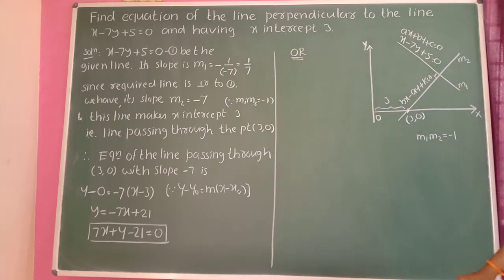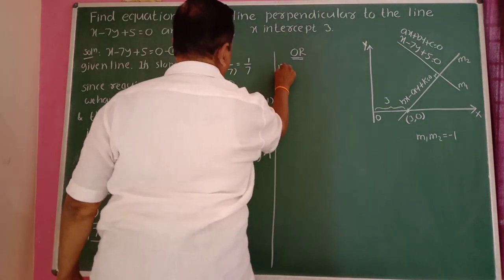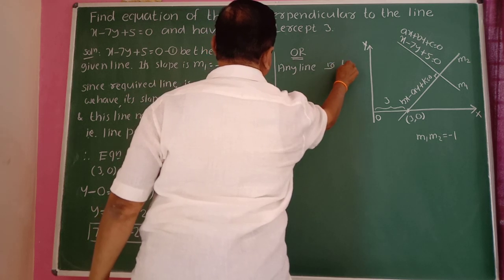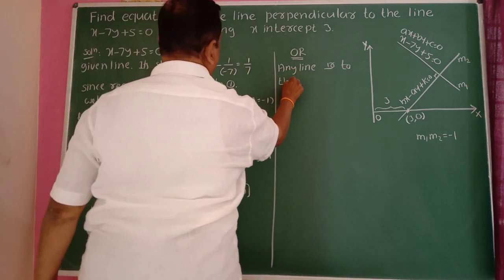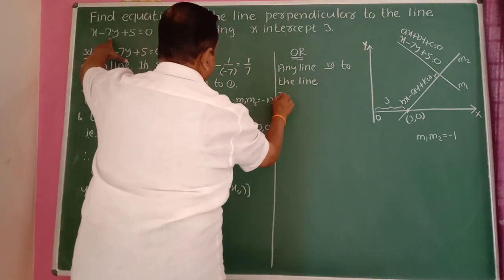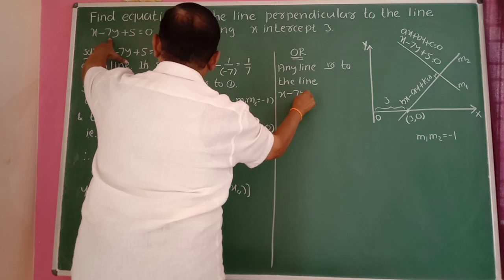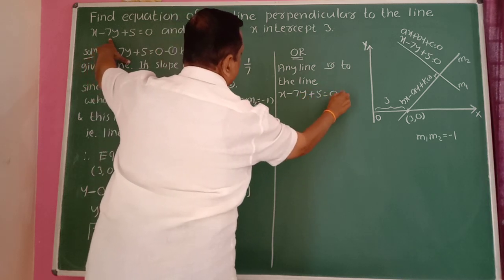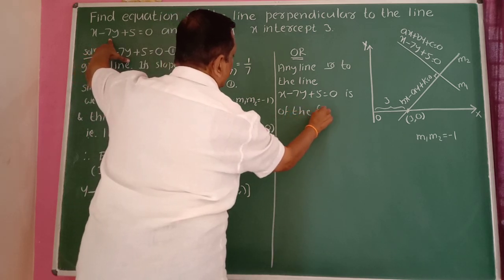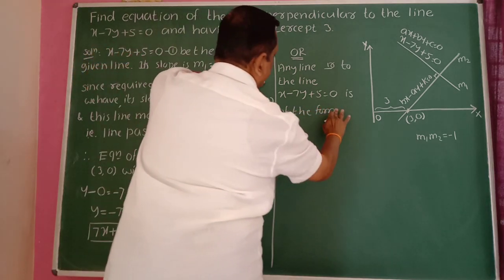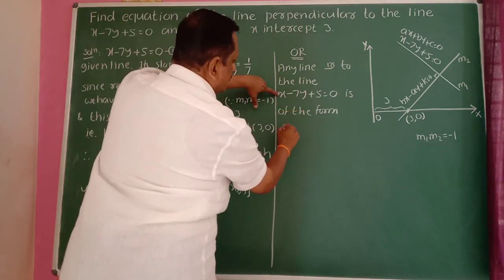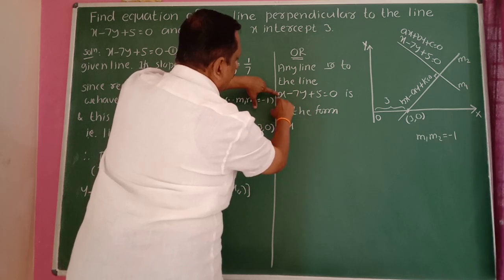Therefore any line perpendicular to the line x minus 7y plus 5 is equal to 0 is of the form: interchange the x and y coefficients. So write first 7x, then 1 into y, so y.